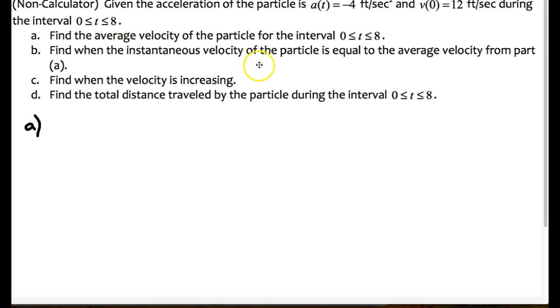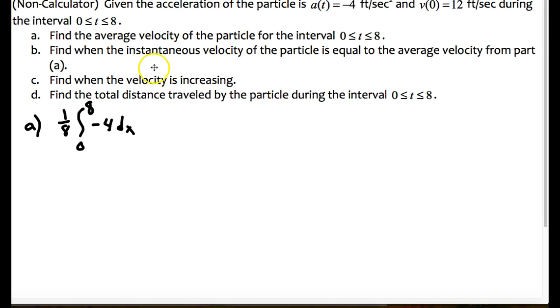So for part A, our setup, okay, finding average velocity for 0 to 8, I'm going to say I want the integral of acceleration from 0 to 8, and that function is just -4. So I would just have -4 dx. So this will get me the total change in velocity, but I want the average. So I'm going to multiply that by 1 over 8 minus 0. Okay, so this would be my setup for part A.